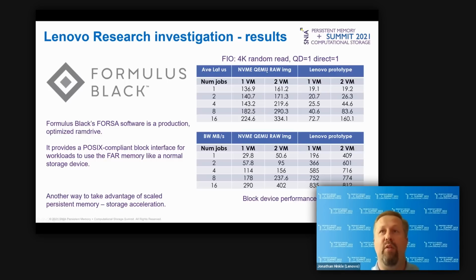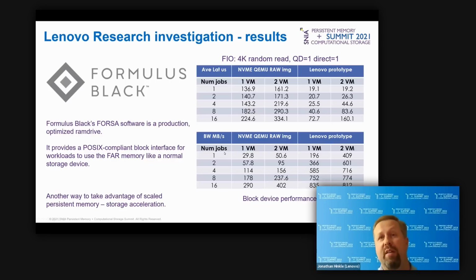For the NVMe drive versus the far memory, we were able to get huge improvement in latency, which is really what you expect, because we were able to leverage the performance of DRAM instead of the performance of flash. But this proves out that a far memory approach can allow for caching, can allow for system acceleration through the speed up of expanded memory, leveraging it as a block device.